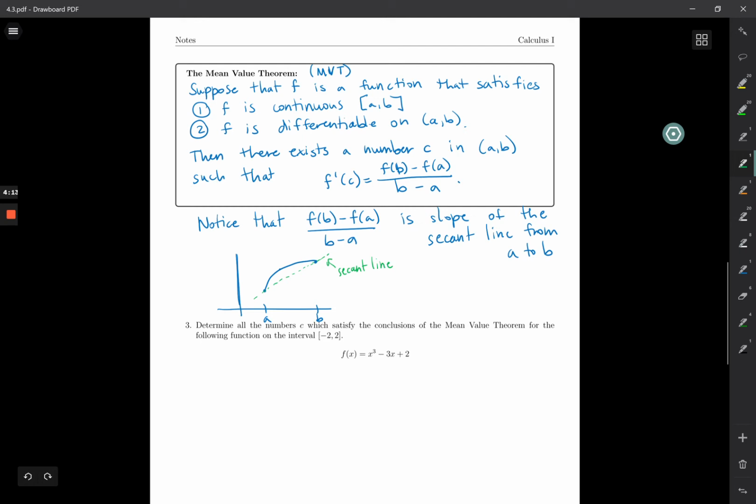And so what this says, f prime of c equals f of b minus f of a over b minus a, is that somewhere there is a point where the slope of the tangent line is equal to the slope of the secant line. So we can see that we would have approximately here that the tangent line has the same slope as the secant line.